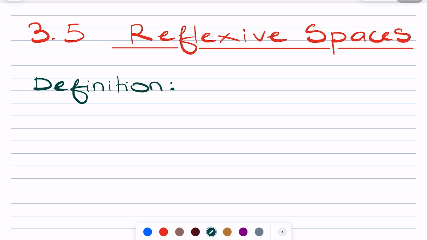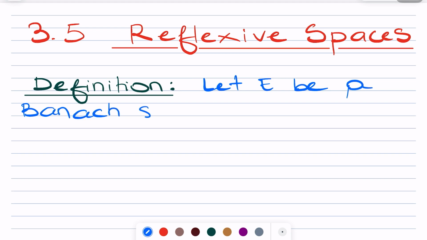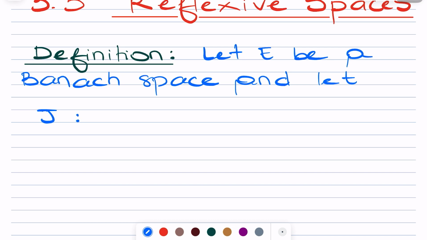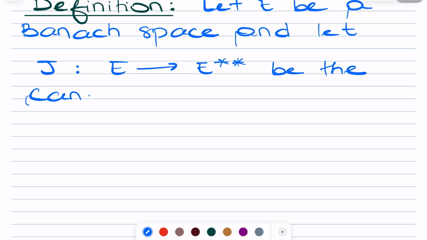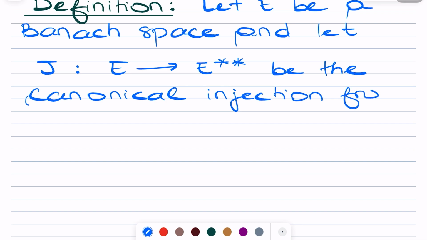Let E be a Banach space and let J, defined from E into E star star, the bidual, be the canonical injection from E into the bidual.